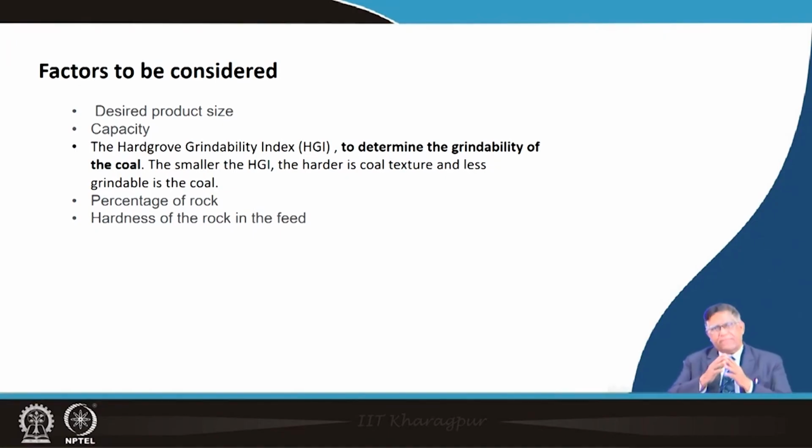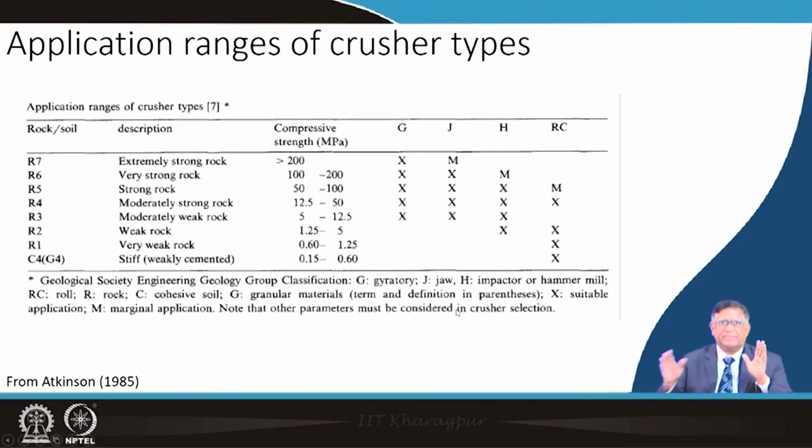So, if you are using it in a coal mine, you will have to see how much sandstone or shale may come along with it, which lies just at the top or the bottom of the seam, and their hardness. Otherwise the crusher may get damaged due to more hardness, because coal may be softer. So, these are the issues to be considered.